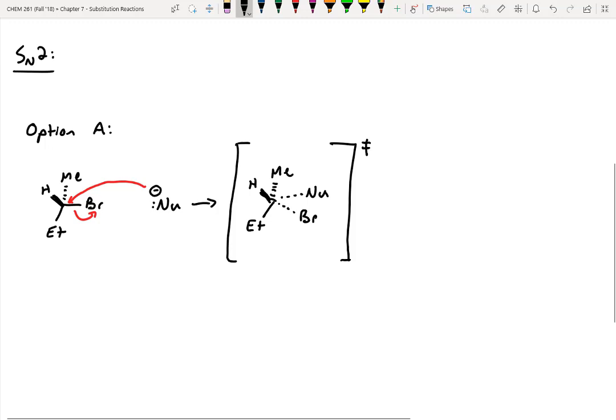Partial negatives. Yeah, partial negatives, right? The nucleophile was full negative. It's halfway between being a full negative and being neutral, therefore it would be partial negative. And the bromine in this situation is halfway on, halfway off. That means it too would be partial negative. And then we can show our final product.